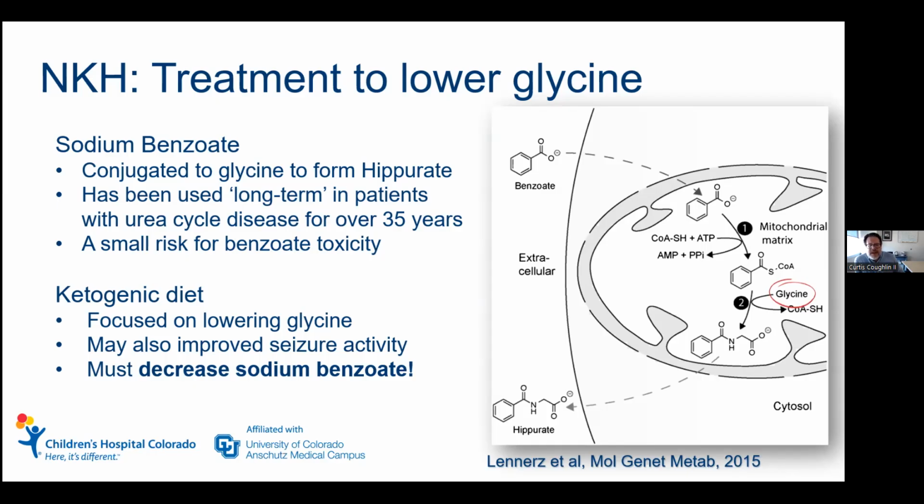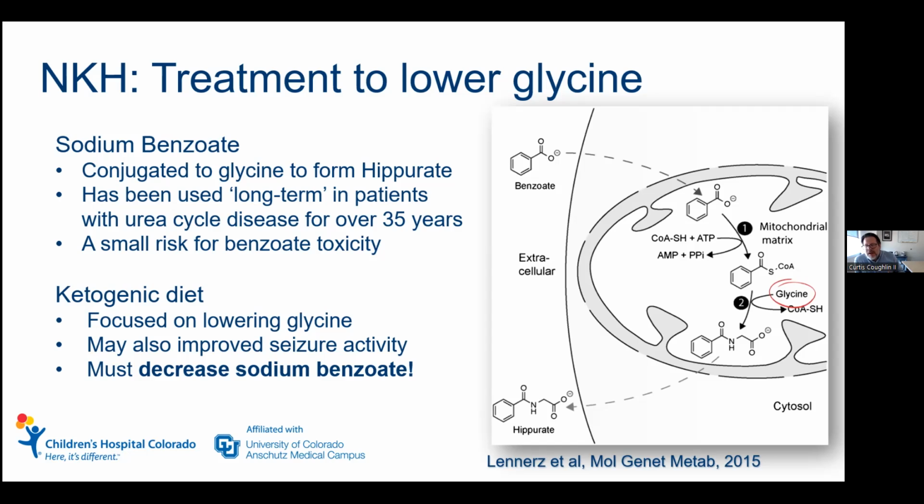Another way to lower glycine is through a ketogenic diet. One thing I will say is that it is really important, if you're switching a patient from being on benzoate to benzoate plus a ketogenic diet, you're really going to have to lower or maybe even stop your benzoate, as the ketogenic diet is going to dramatically lower the amount of glycine.